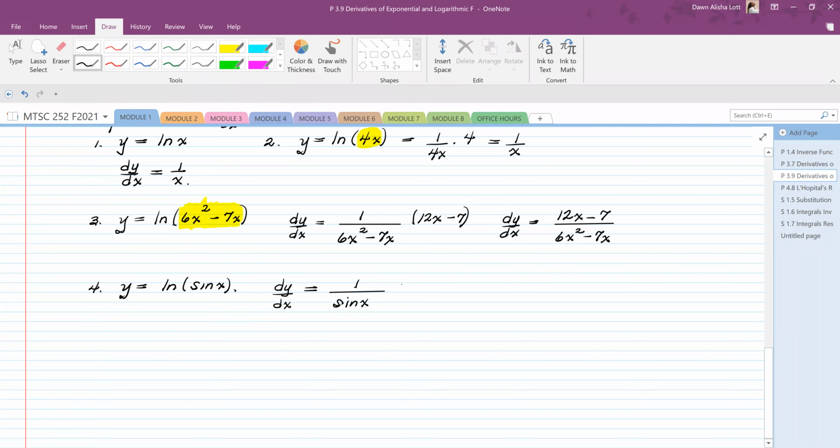Is it cosecant? Remember, sine and cosine are partners. Whenever you differentiate or integrate sine, you're going to always go to cosine and opposite. So if I'm differentiating sine, I'm going to get what is the other one?